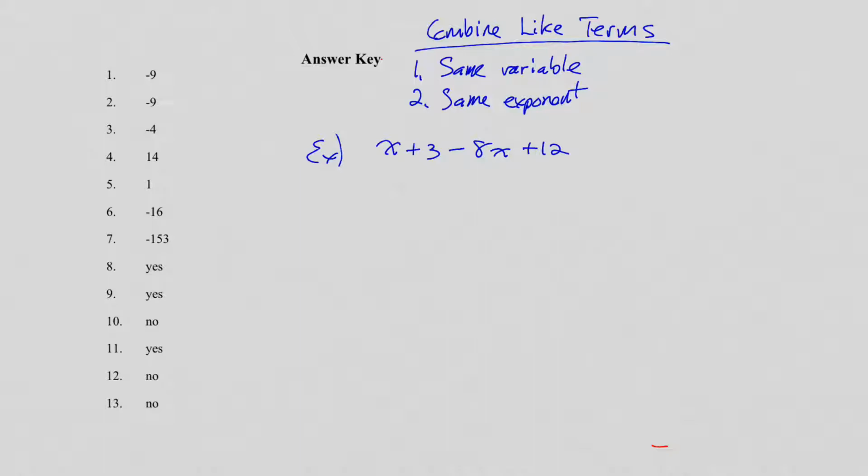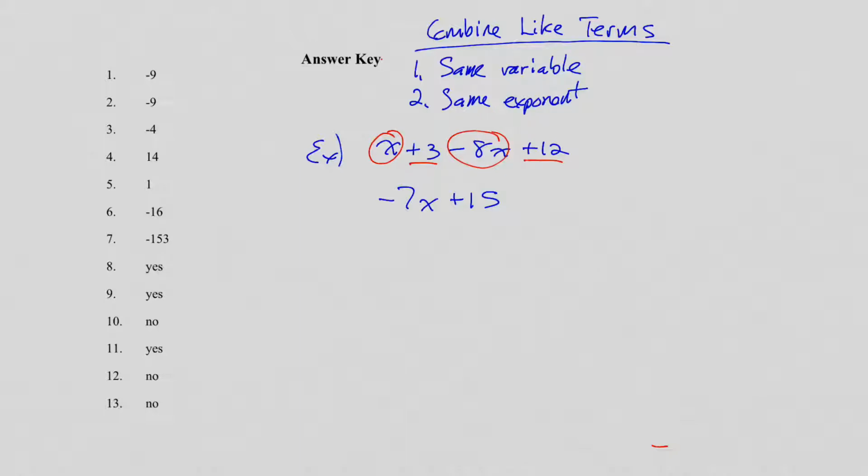So we see that we have x's right here. Those two can be combined to get negative 7x. And these two can be combined to get 15. Okay?